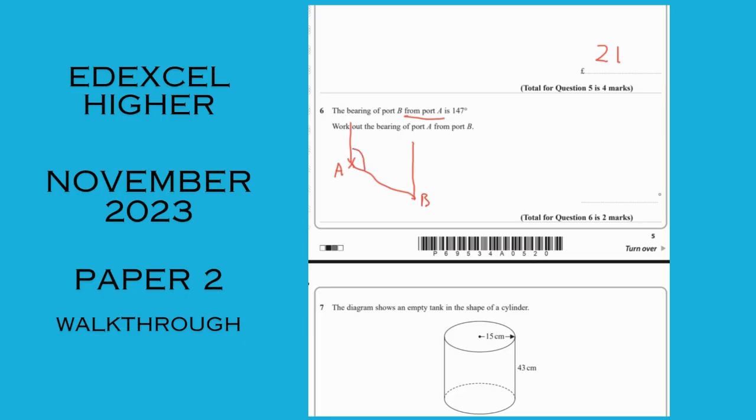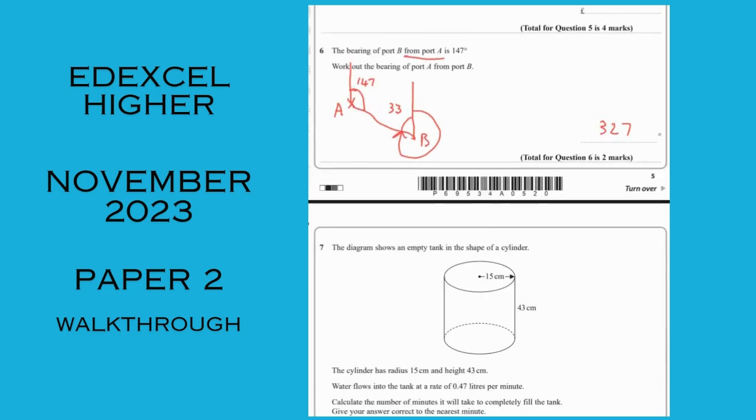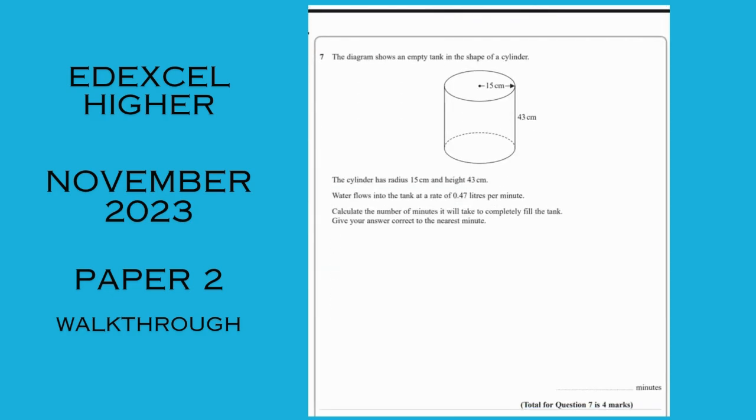If that's 147, this one must be 33. Now that isn't the answer because the bearing is clockwise. So we need to do 360 minus 33. We get 327 degrees.